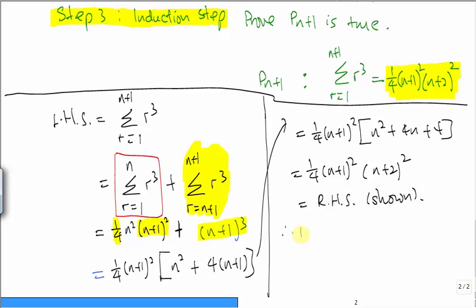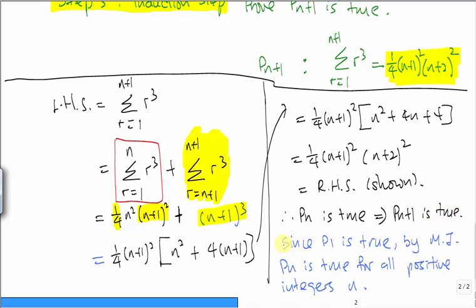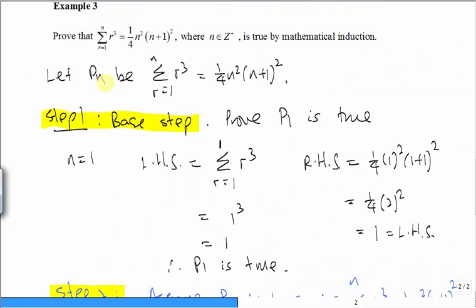Therefore, if Pn is true, we have proven that Pn plus 1 is true as well. Therefore, in conclusion, since we know that P1 is true in step 1, by mathematical induction, Pn is true for all positive integers n. Therefore, we have proven that Pn, which is the given expression here, is correct.